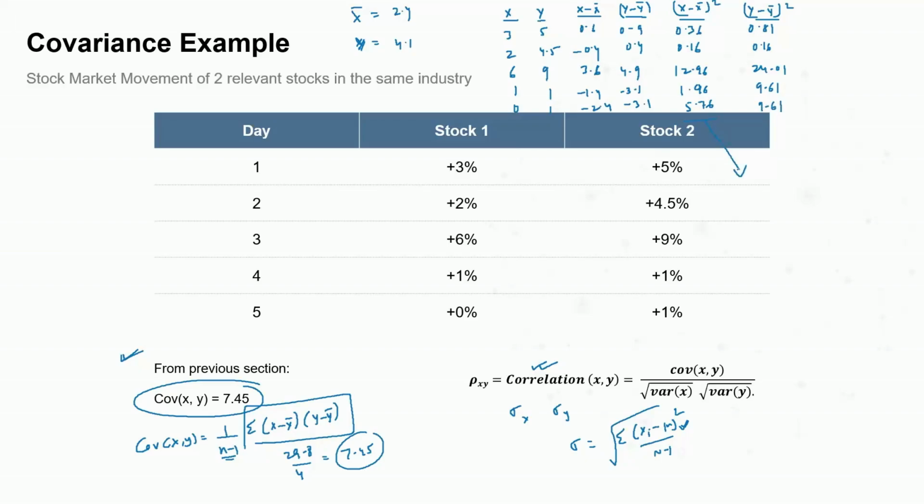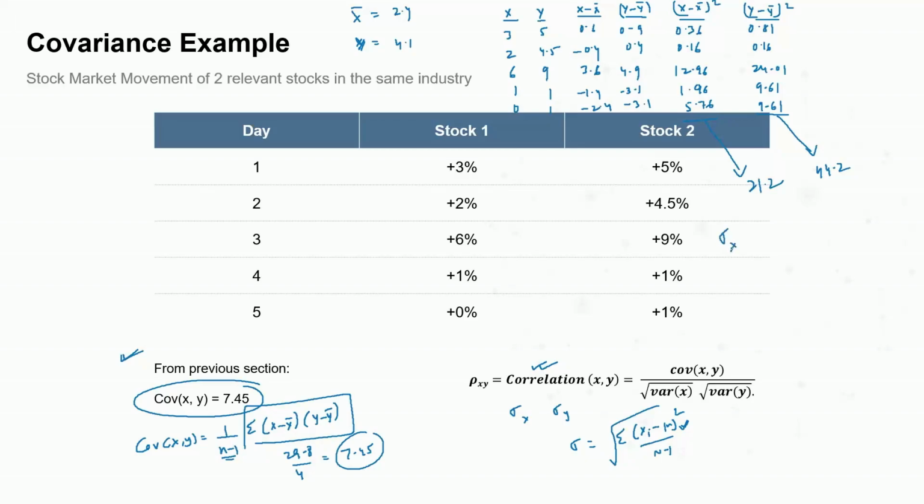The summation for x is 0.36 plus 0.16 plus 12.96 plus 1.96 plus 5.76, which is 21.2. The summation for y is 0.81 plus 0.16 plus 24.01 plus 9.61 plus 9.61, which is 44.2.